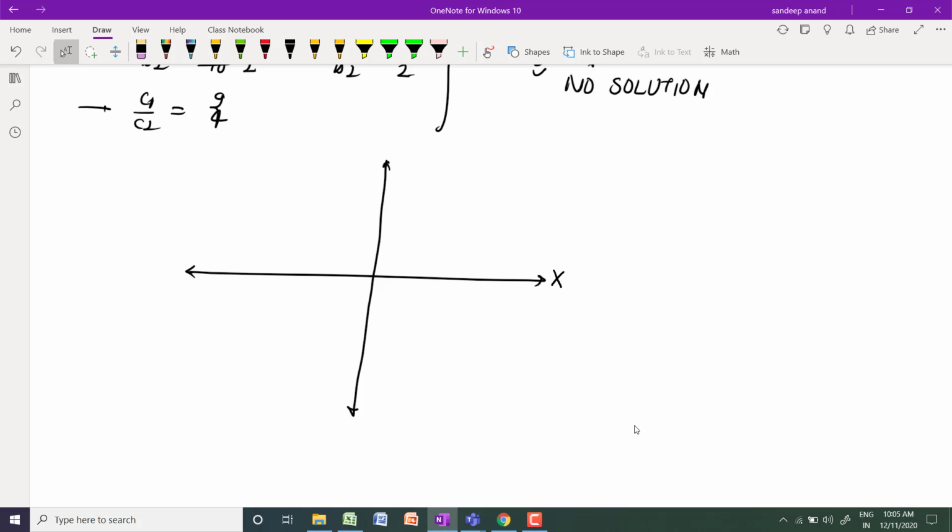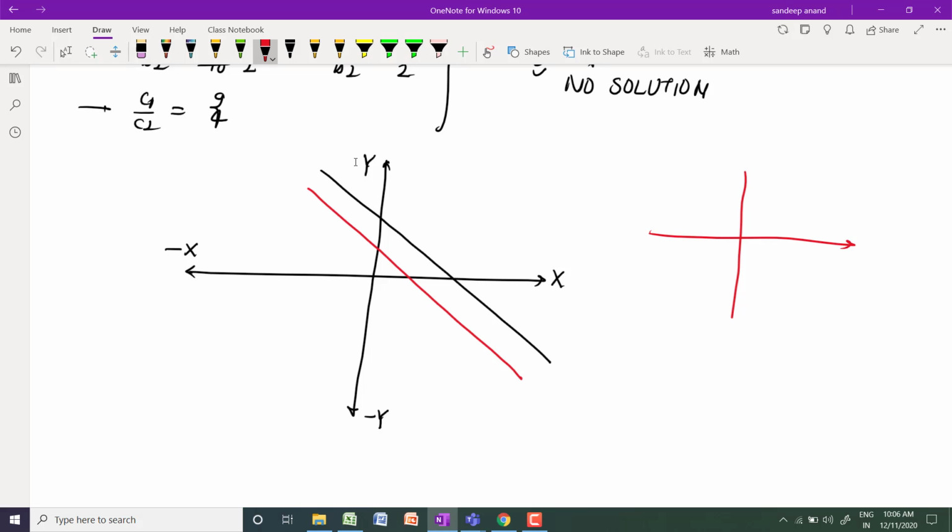This is positive x, this one is negative x, this is positive y, this one is negative y. When you solve this problem by graphical method, you will get a straight line for one equation, and for the second equation you will get a parallel line with respect to the first one.